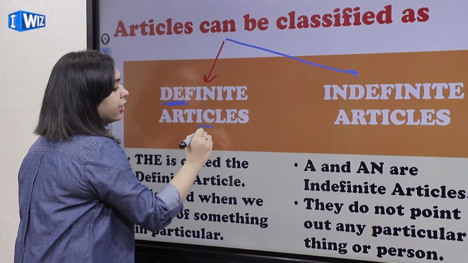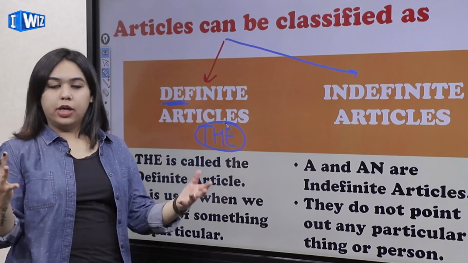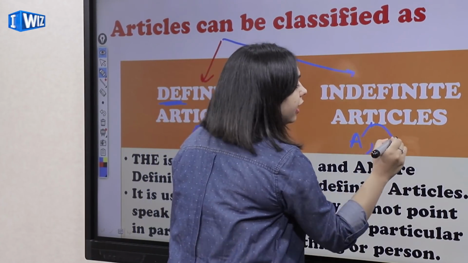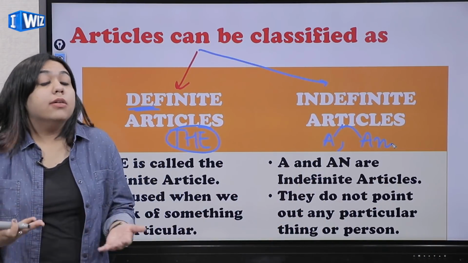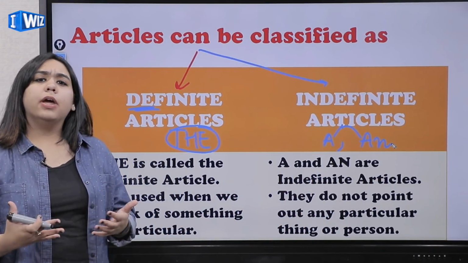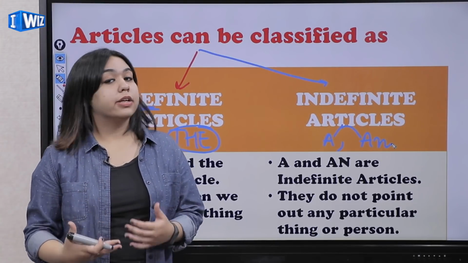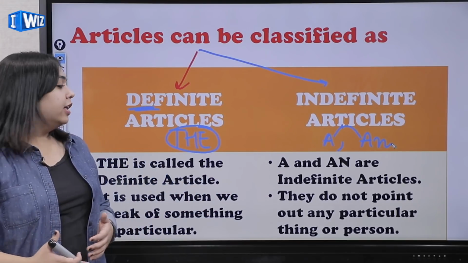So the definite article category includes the article the, and indefinite includes the articles a and an. Now if I say I need a pen, here a pen means any pen, you can give me any pen. I hope that you are able to understand the difference. A and an are indefinite articles.